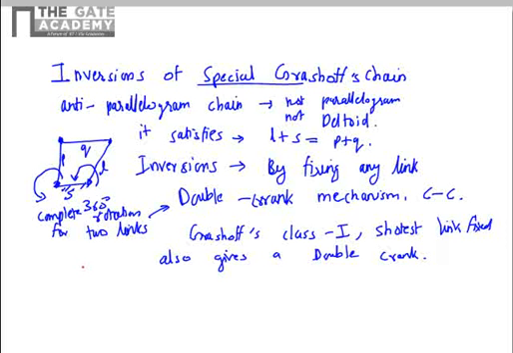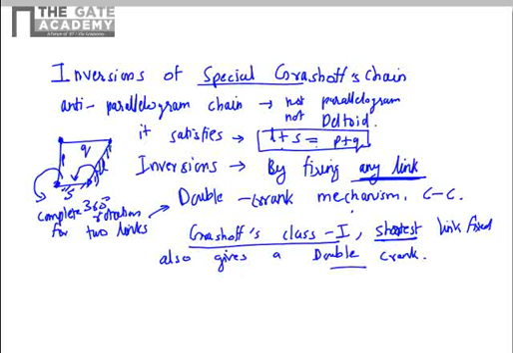So what is special about this case? In this present case, it is satisfying the special Grashof condition L plus S equal to P plus Q. So the condition here is that any link can be fixed to obtain the double crank mechanism, while in Grashof class 1, only the shortest link has to be fixed to get the double crank. In this case, any link can be fixed.